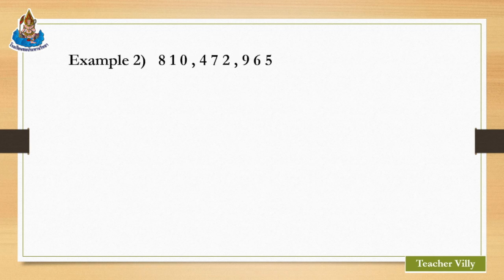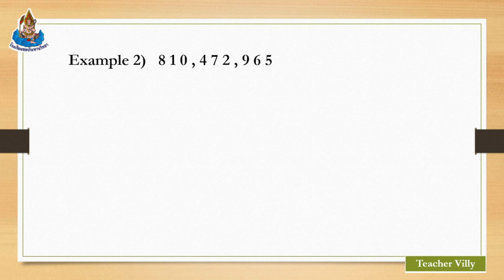Example number 2. The number is 810,472,965. First thing to do, we have to find the value of its digits. Let's start from right to left.